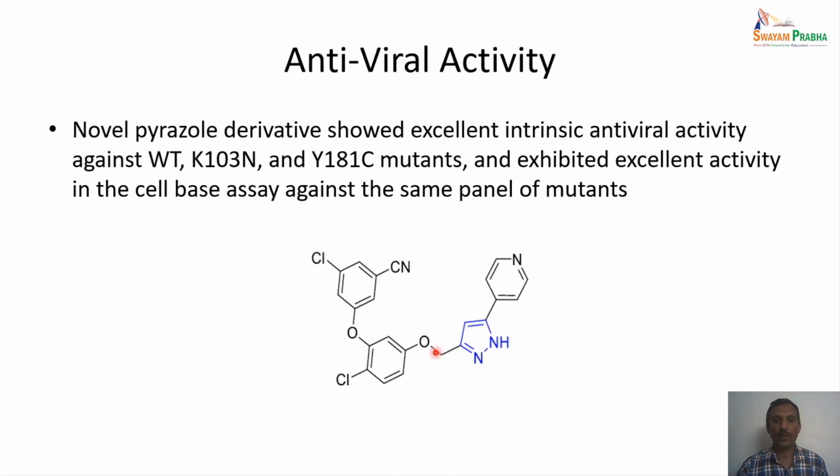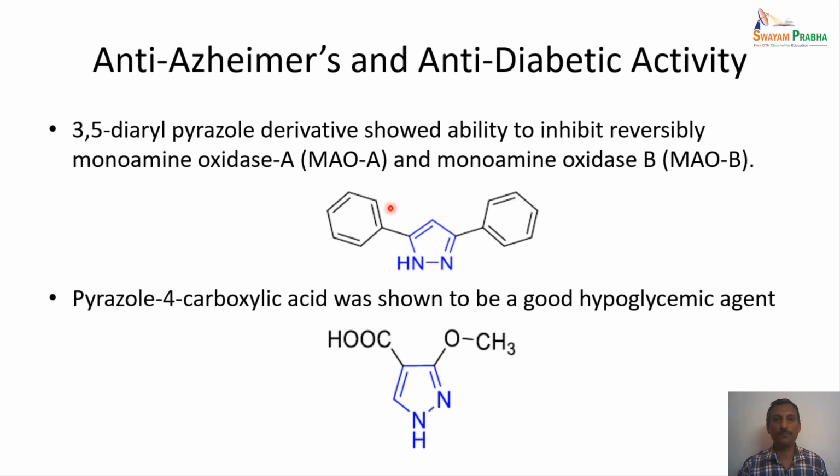And there is another compound which is shown here. This is a novel pyrazole derivative, and it shows excellent antiviral activity against the WT K103N and Y181C mutants, and it also exhibited excellent activity in the cell-based assay for various anti-cancer compounds.